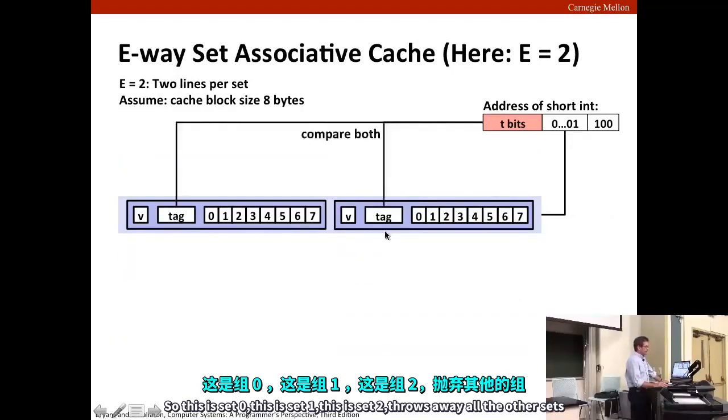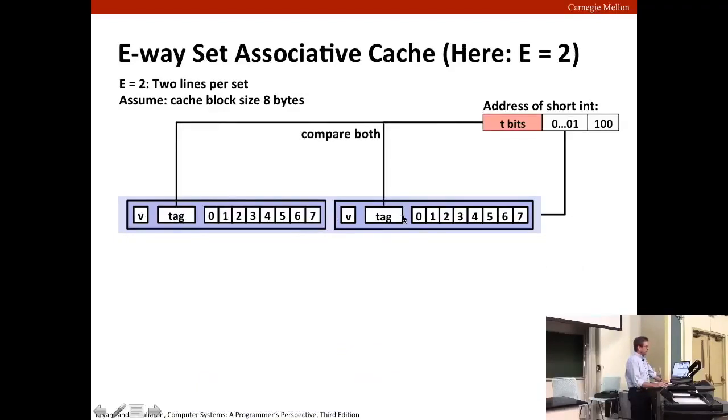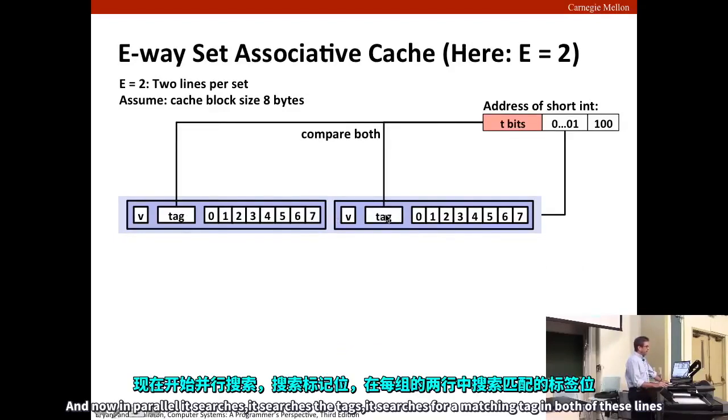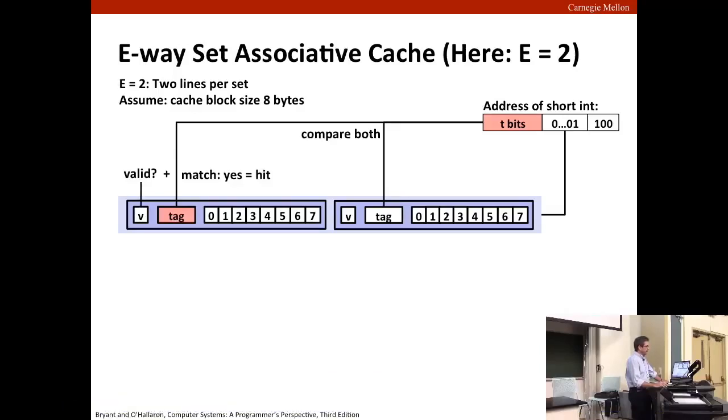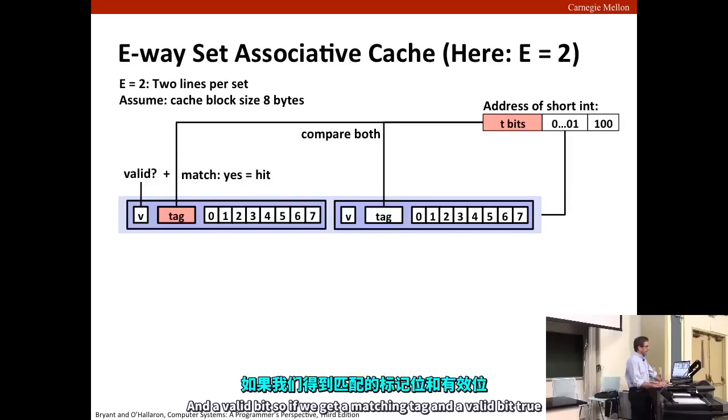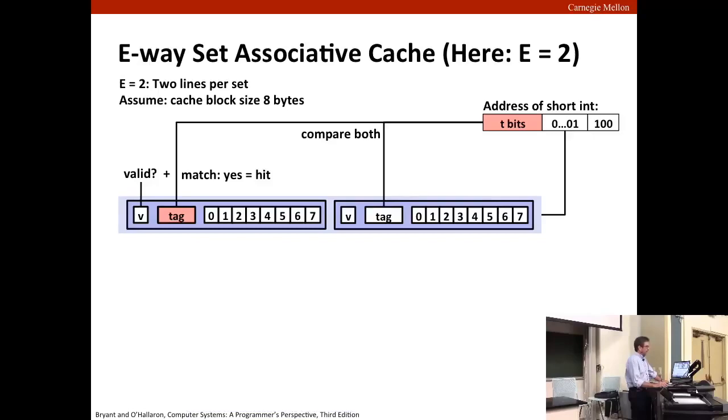It throws away all the other sets. And now in parallel, it searches for a matching tag in both of these lines, along with a valid bit. If we get a matching tag and a valid bit true, then we've got a hit.